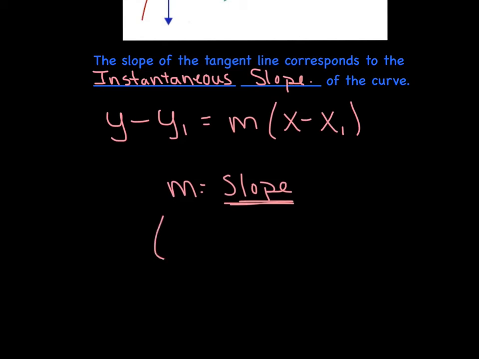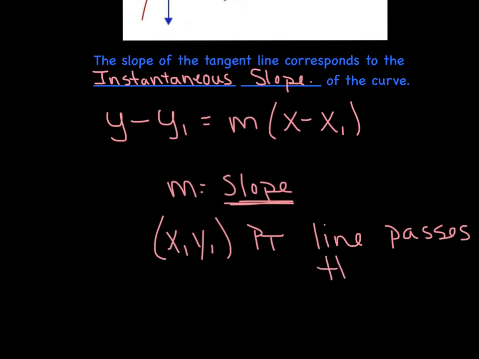And the other thing there is the x sub 1 and the y sub 1, which just happens to be a point that the line passes through. So we need two key ingredients: the instantaneous slope, and a point that the line passes through, and bada bing, bada boom, we'll be able to cook up that equation of the line.